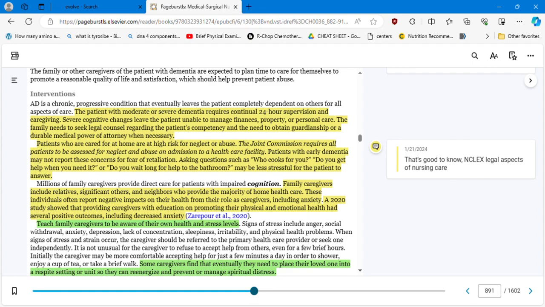And that's good to know. This is NCLEX legal aspects of nursing care. This is very important, okay? Patients who are cared for at home are at high risk for neglect or abuse. And I've seen this when I used to work in my first job in home health care.